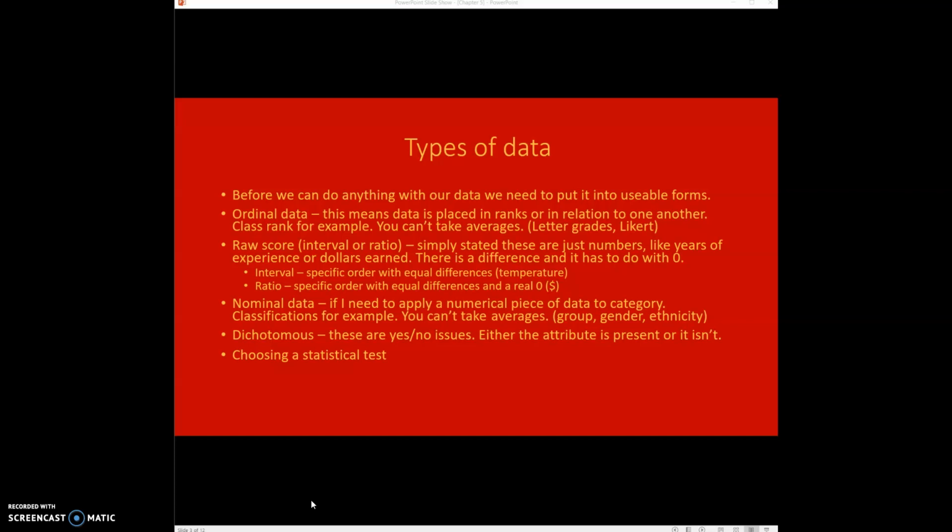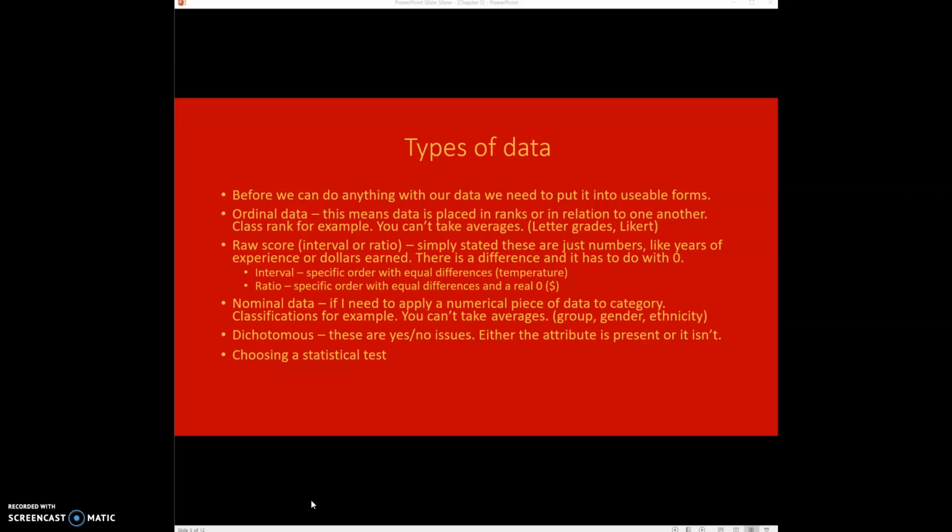And that goes back to the job involvement scale, where we had strongly agree, disagree, converted to 1, 2, 3, 4, 5. Simply changing that to numbers does not mean that it is now a raw score, whether interval or ratio. It is still ordinal data. You still cannot take the averages.